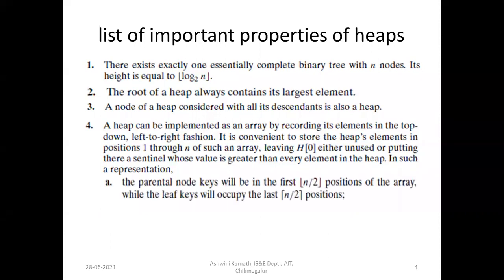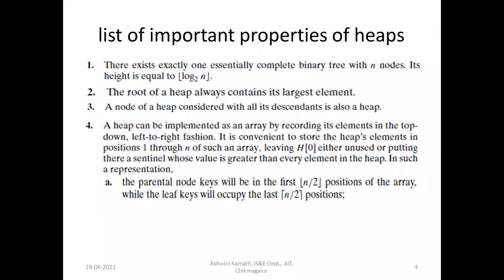The reason for that is the parental node keys will be in the first floor of n by 2 positions of the array, while the leaf keys will occupy the last ceiling of n by 2 positions. The first one is the floor function, the second one is the ceiling function.